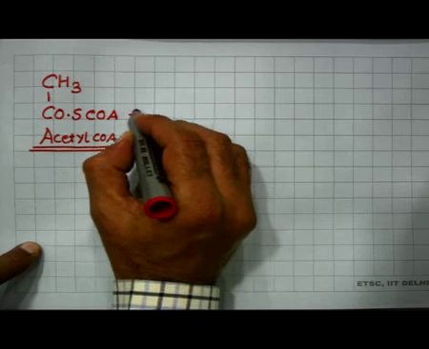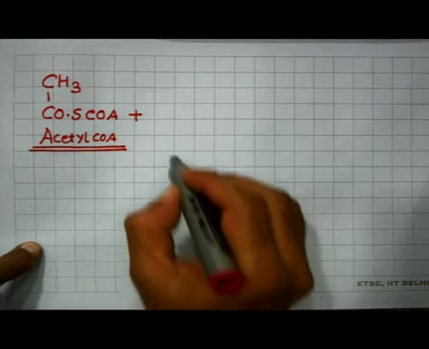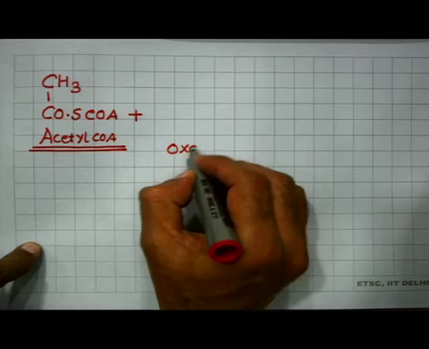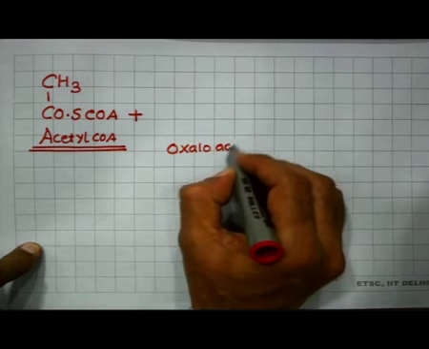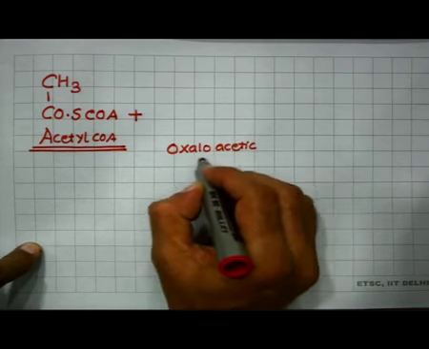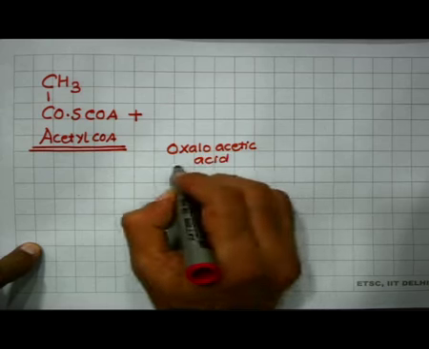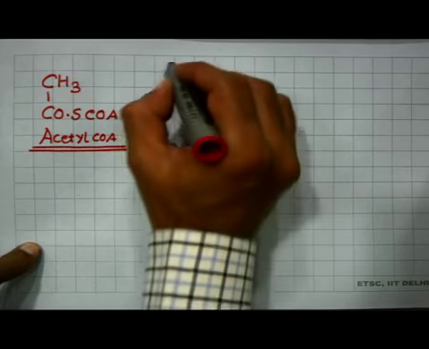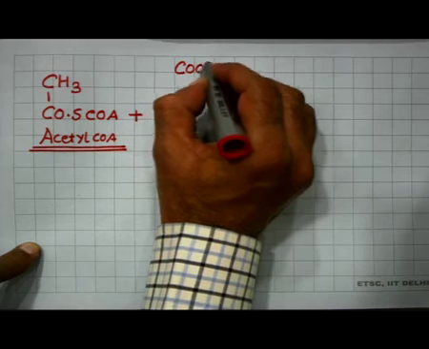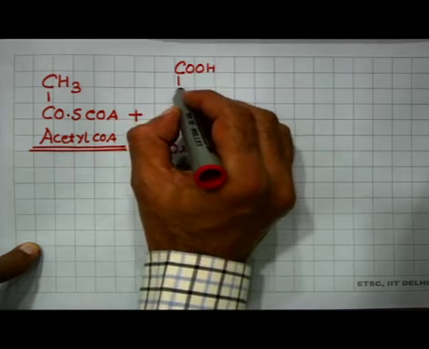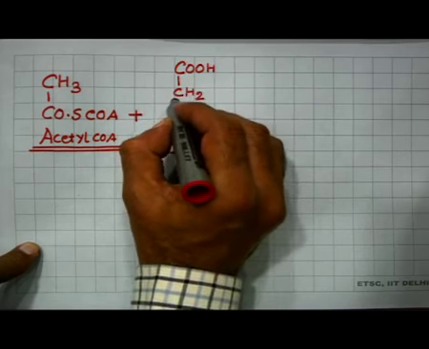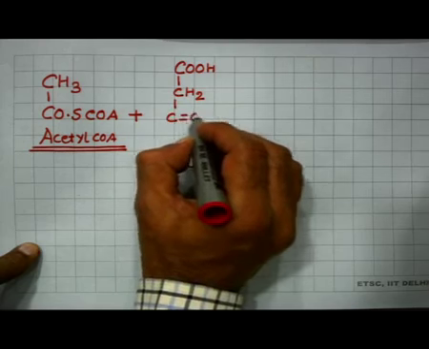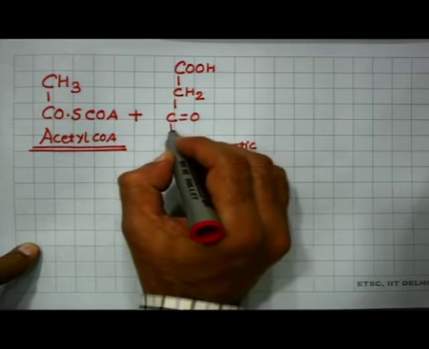It combines with oxaloacetic acid. The structure of this oxaloacetic acid is of this type: COOH, CH2, C double bond O. Here the ketone group is there.